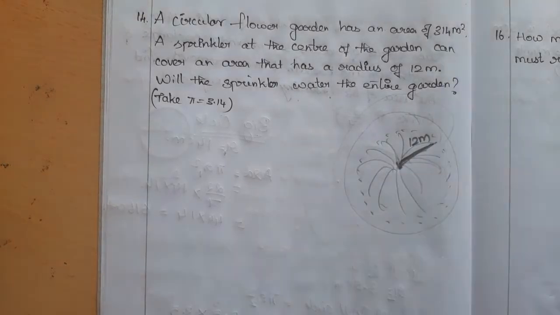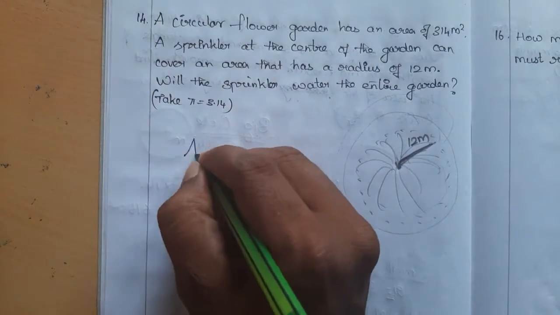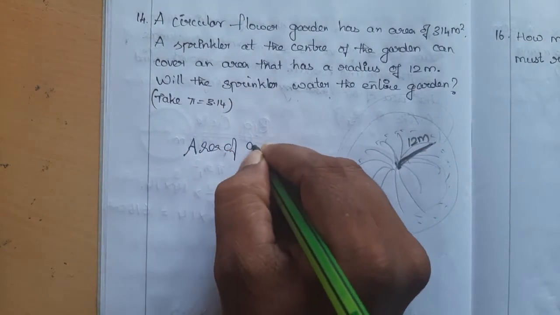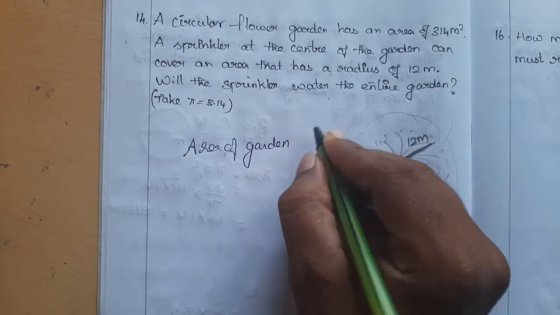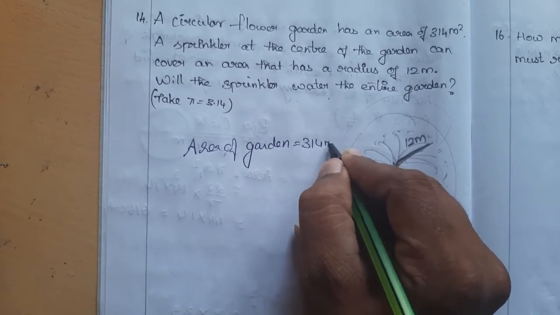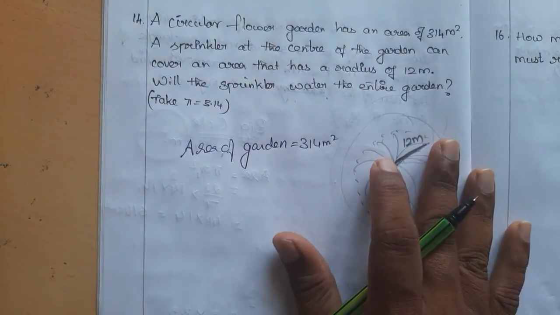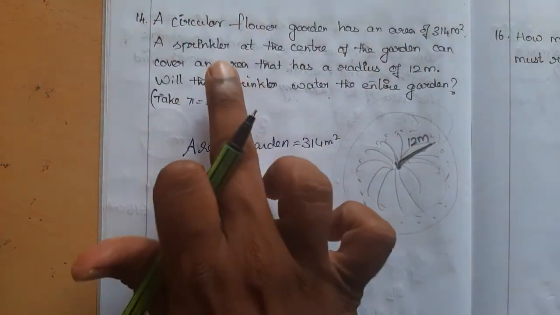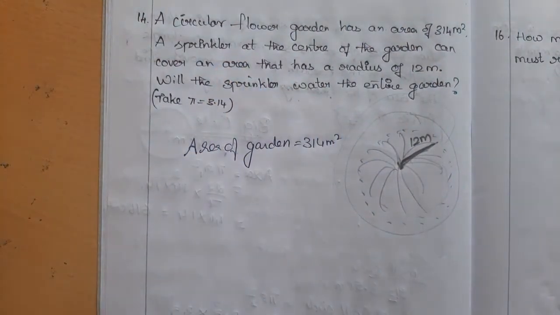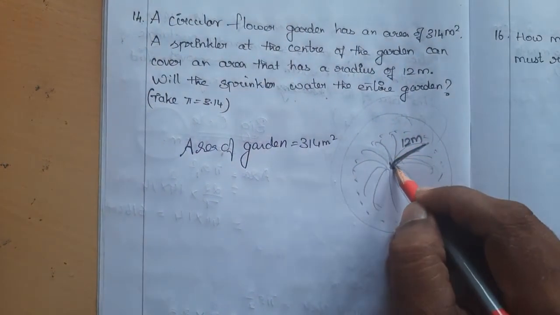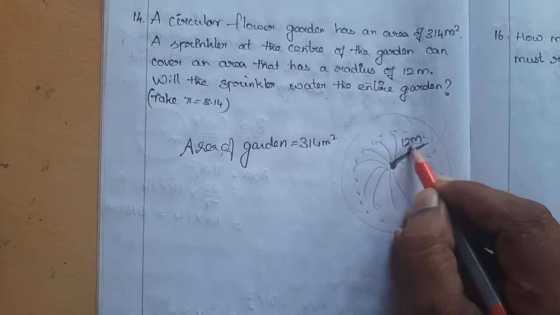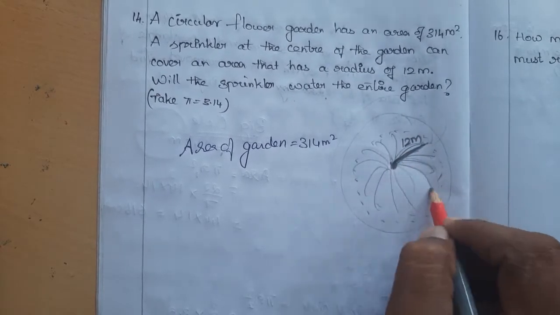The area of the garden is given: 314 meters square. We don't know whether it covers fully or not. That is what we have to find. The sprinkler is at the center and sprinkles the water in a circular motion.